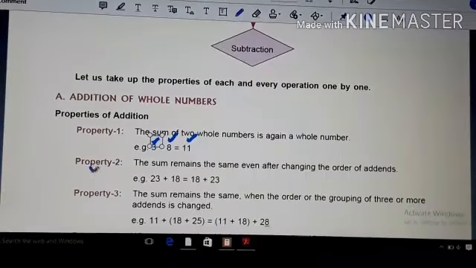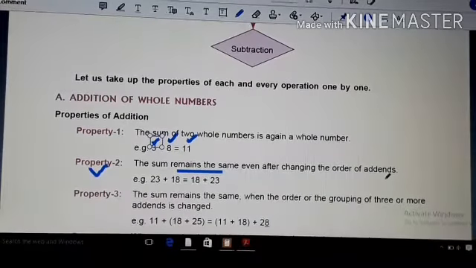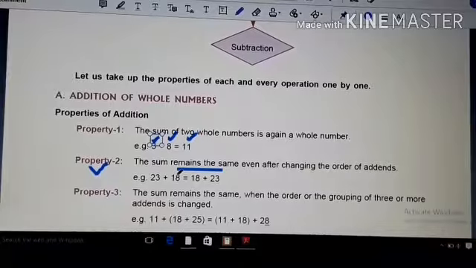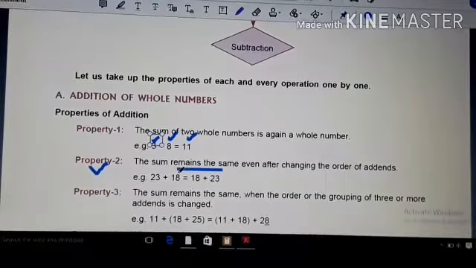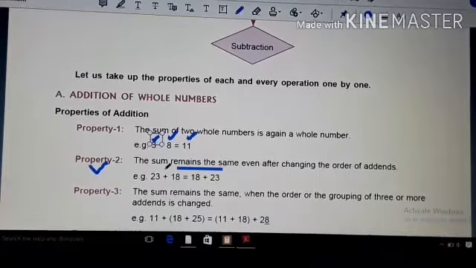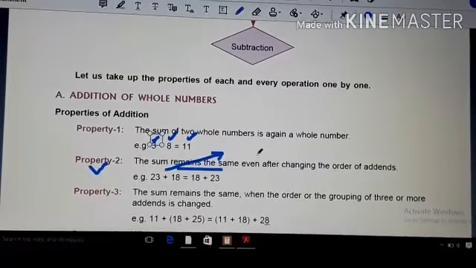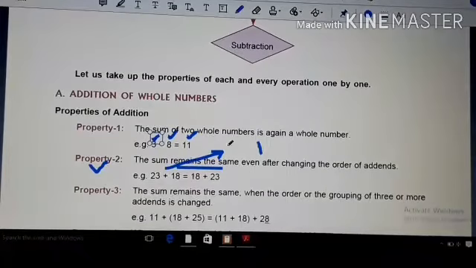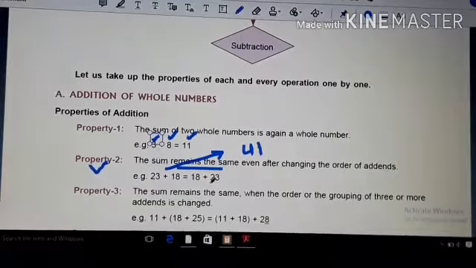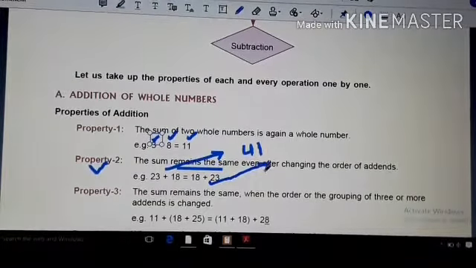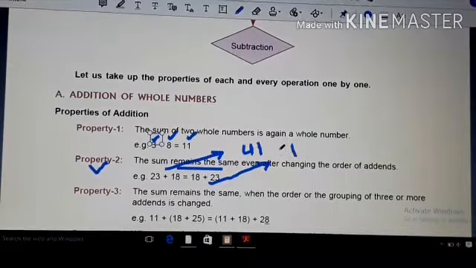Next, property number 2: the sum remains the same even after changing the order of addends. When we add 23 and 18, how much is it? 41. Again, when we add 18 with 23 we get the same result, 41.